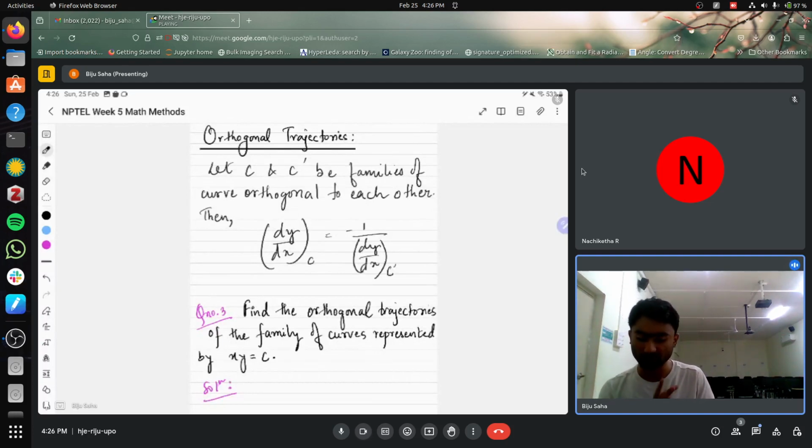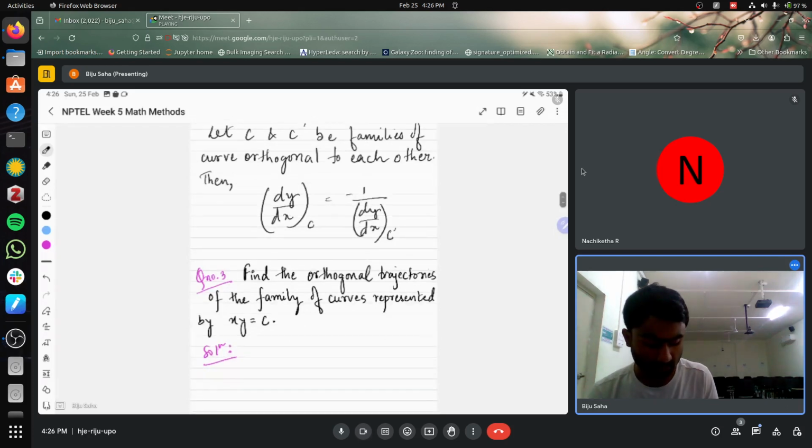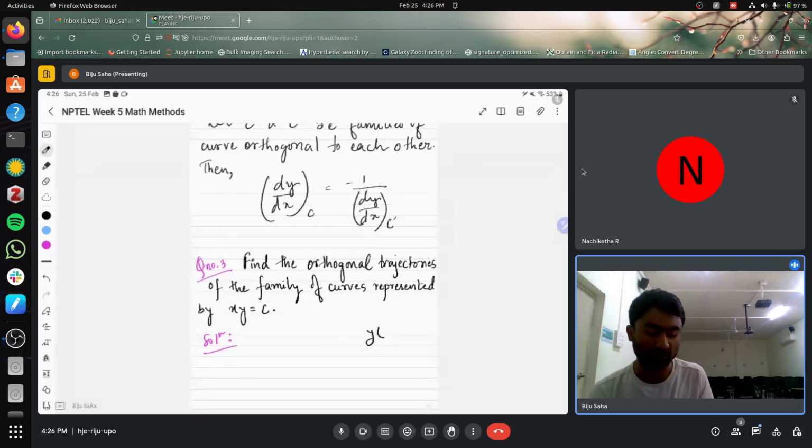If it's a planar curve, we can represent it with y as a function of x. Let's take a straight line, y equal to mx plus c. This is a curve, and it is called a family of curves because you're free to choose m or the value of c to be anything and get a large number of straight lines.